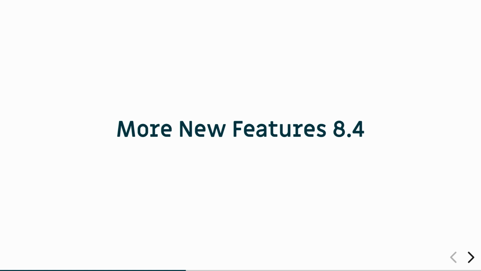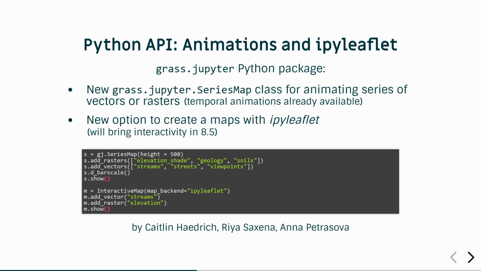But there are more features in 8.4 I want to tell you about. We have more additions to the Python API, specifically to the interface with Jupyter Notebooks. So I have showed the map at the beginning when I started to talk about GRASS, and these images in Jupyter Notebooks are done by Python classes or objects, and we improved two of them.